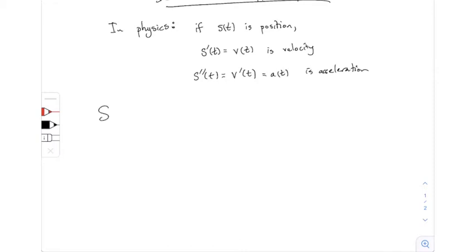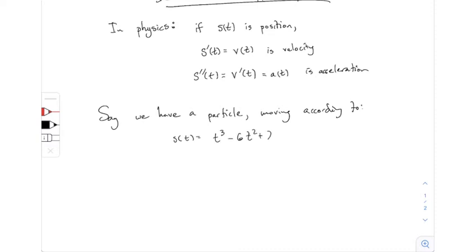So let's say we have a particle, a thing which is moving according to this function. s of t is t cubed minus 6t squared plus 9t. This describes the position. And let's say this thing is moving back and forth, left and right.